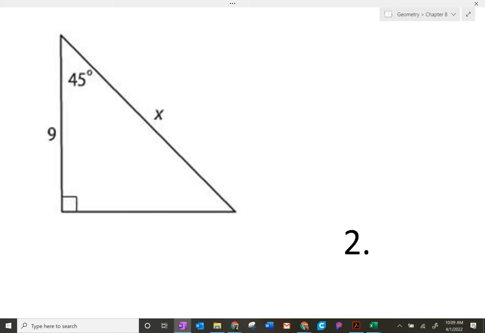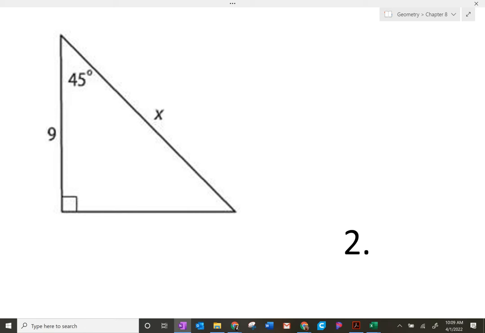This one says 9, this one says x, and that's what we want to solve for, the x. If this angle is 45, what's this one have to be? 45, because it adds up to 180 every time. So that one's going to be 45. If this side is 9, what's this side? It's the same thing. Yeah, it's 9.